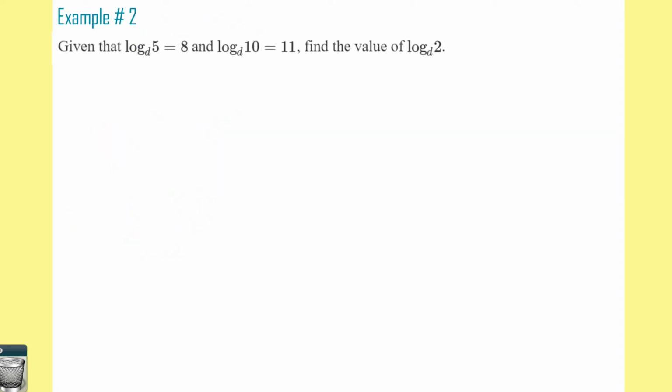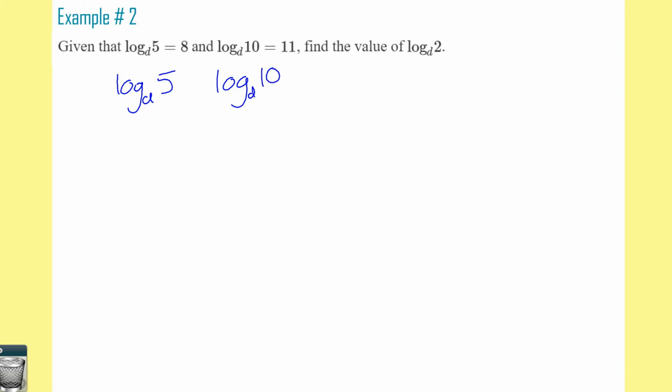Okay, so given that log base d of this and log base d of that, find the value of log base d of 2. Okay, cool. I want to find log 2. Well, I know what log 5 is, and I know log 10.